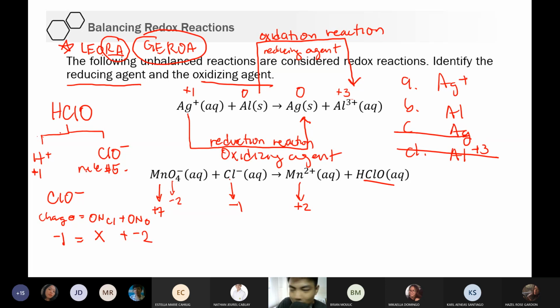Okay? Keep that in mind. Kapag yung katabi ni group 7 element ay oxygen, i-X mo agad si group 7. Okay? Kasi hindi niya susundin yung rules na ginagawa natin. Okay? So you transpose it to the other side.